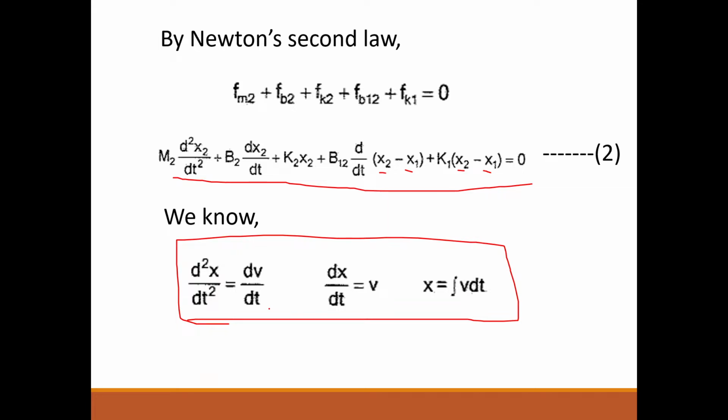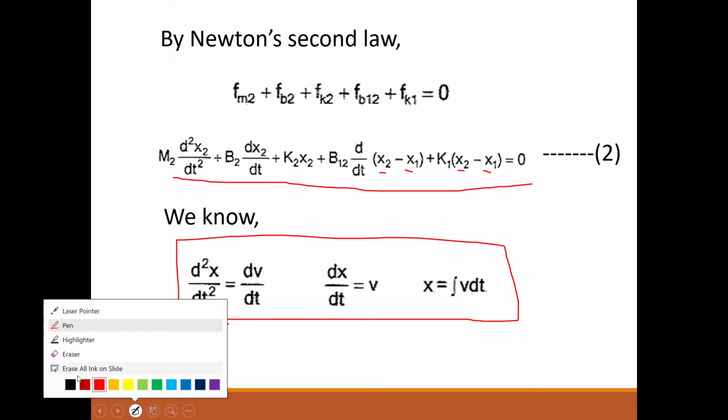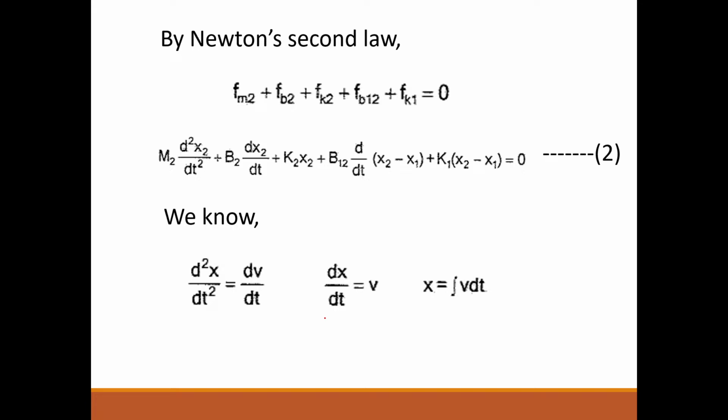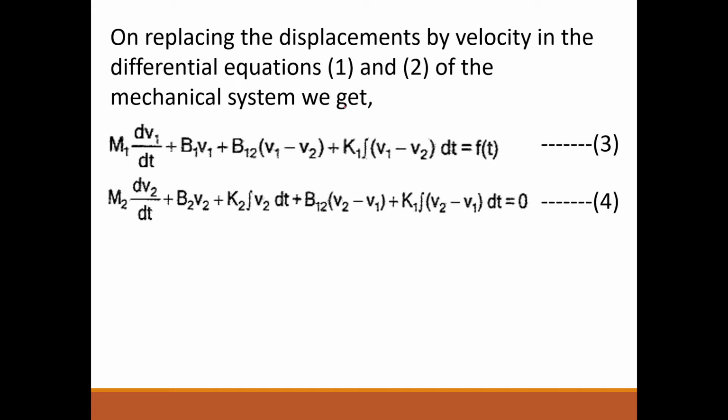We want to replace displacement of equation 1 and equation 2 with velocity. So just replace with velocity. You try to do on your own. Of course, I will change this slide, but you people try to do on your own.